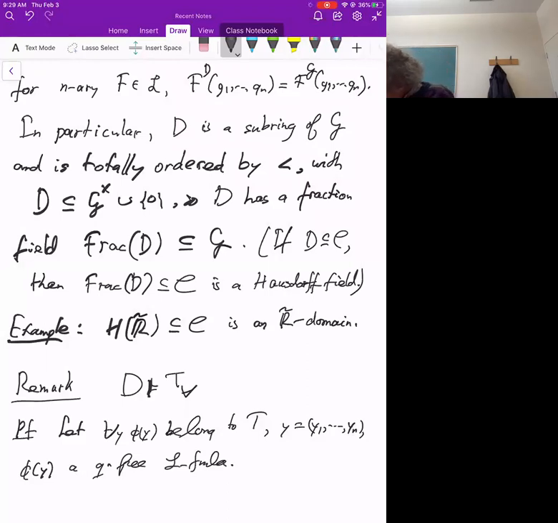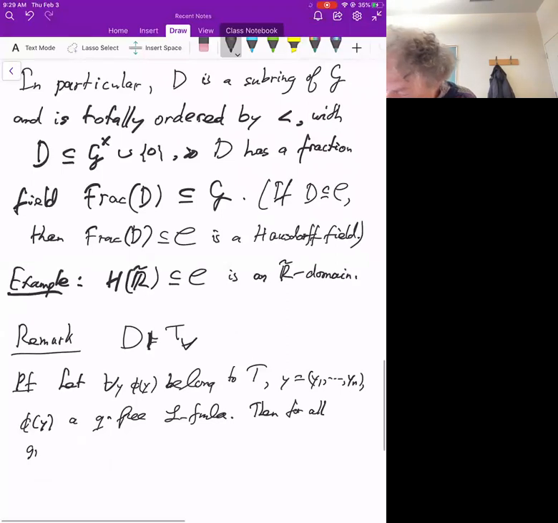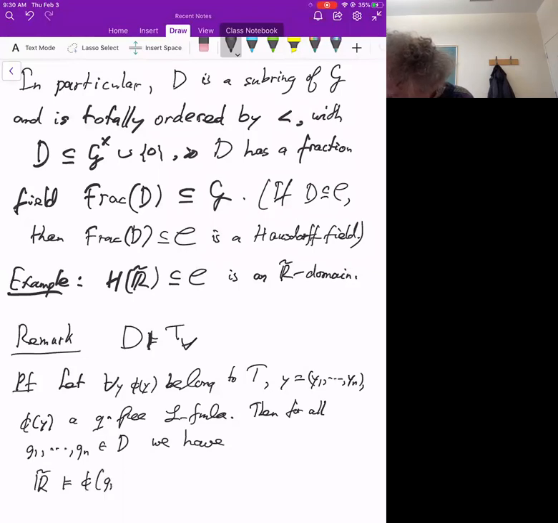and then for all g1 to gn, of course now we are not going to plug in real numbers, but germs from D, g1 to gn, we have R tilde satisfies phi(g1(t), ..., gn(t)) eventually.